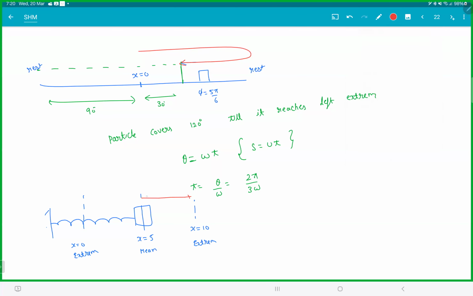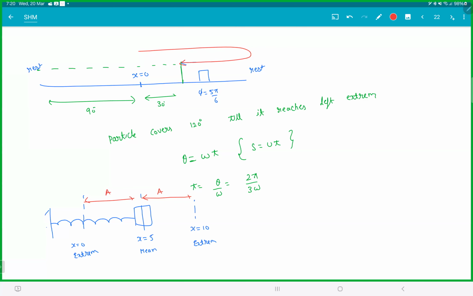And this distance is your amplitude. Are you getting the system? This question's diagram is this: a spring block system which is oscillating from 0 to plus 10, and the mean position at x is equal to 5. Are you clear? This equation represents this motion. All got this?